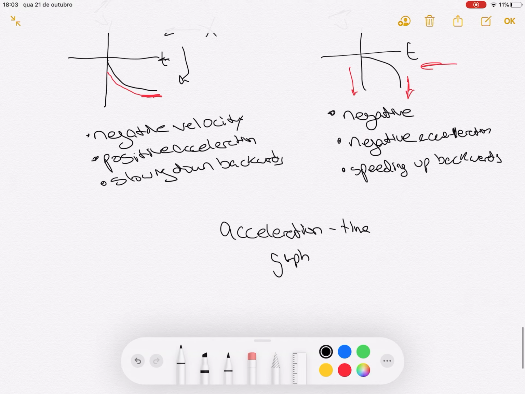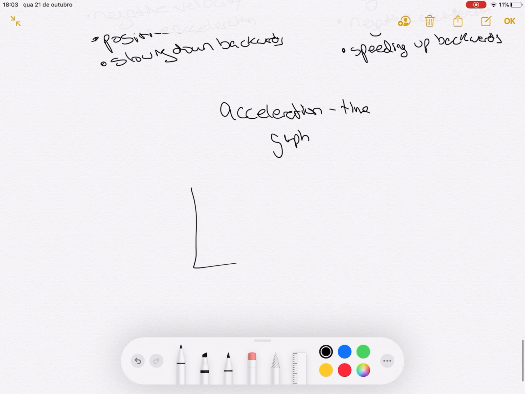So basically, an acceleration time graph is just like the others. It has time in seconds, for example, and then acceleration in meters per second squared. And this is 0. And then what do you write? Well, imagine acceleration is constant, not velocity, but acceleration. So if acceleration is, for example, 2 meters per second squared, then we can plot that over here.